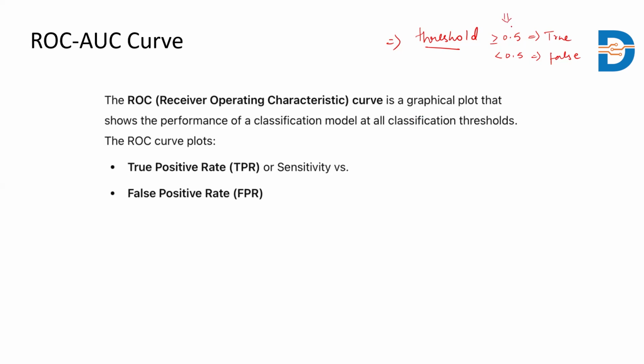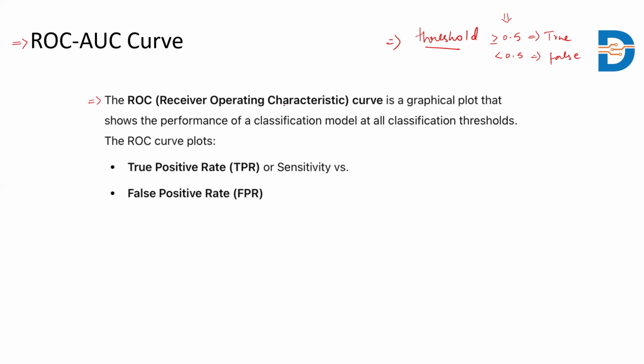But if you want to evaluate the model at different thresholds, like you have to keep the threshold as 0.7, 0.3, 0.4, how are you going to do all that? There is where your next evaluation metric, ROC, comes into the picture. What is ROC? ROC stands for receiver operator characteristics.